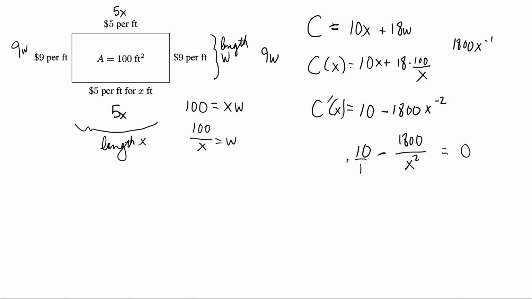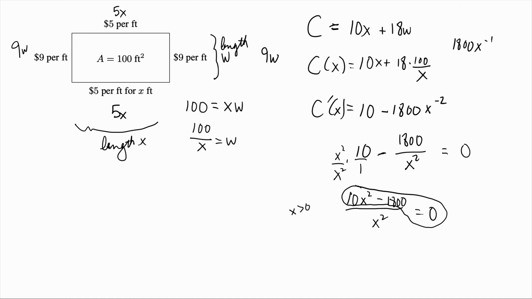So we can multiply this fraction top and bottom by x squared so we have a common denominator. Then we have 10x squared minus 1800 on the top over x squared is equal to 0. A fraction is equal to 0 when its numerator is 0, as long as the denominator is non-zero, but we're assuming x is positive anyway, so that's okay.